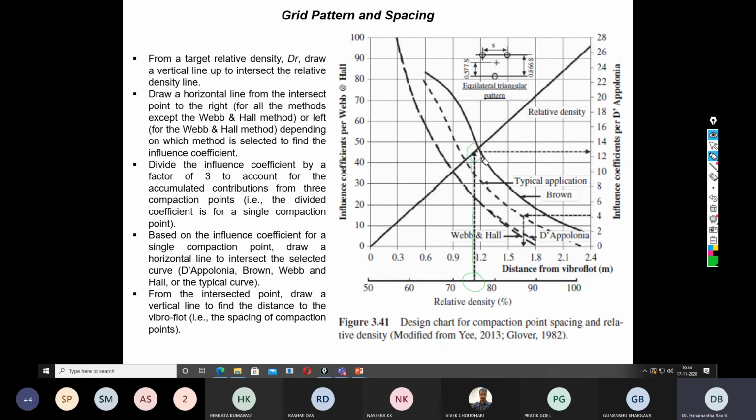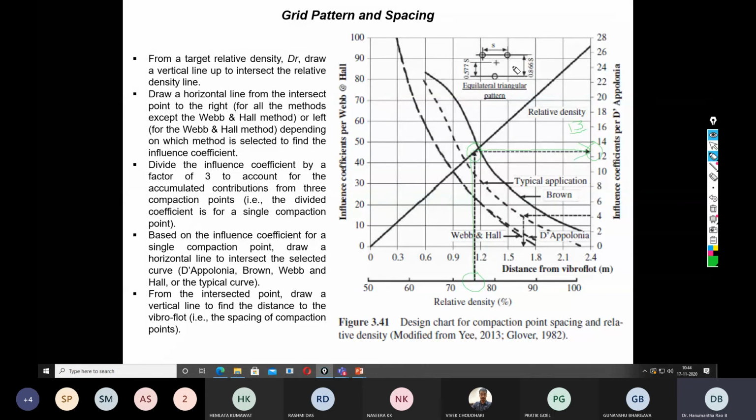From the point of intersection of the vertical line with the diagonal line, project another horizontal line onto the ordinate, in the right direction, for the influence. Here in this case, I obtained the influence coefficient value as 13.